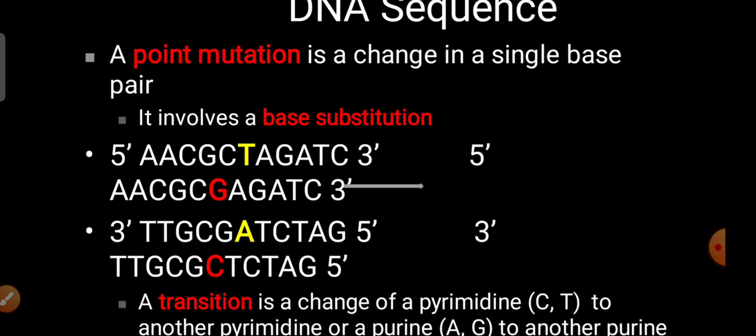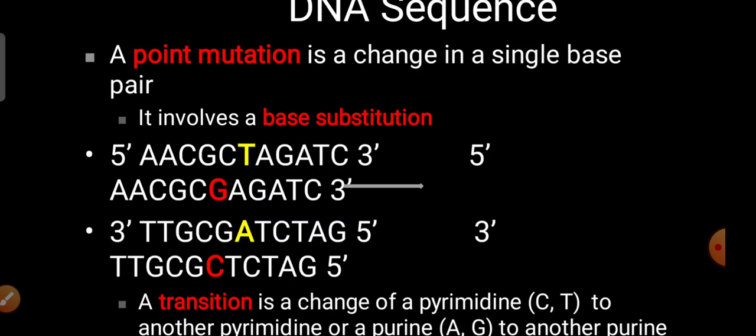Suppose we have a DNA sequence that is shown here, from 5' end to 3' end: A, C, G, C, T, A, G, A, T, C. Now, suppose there is change in one base.